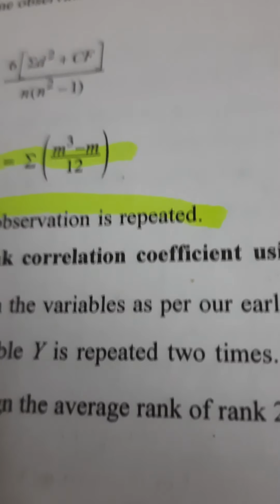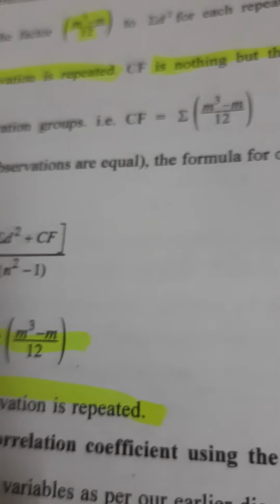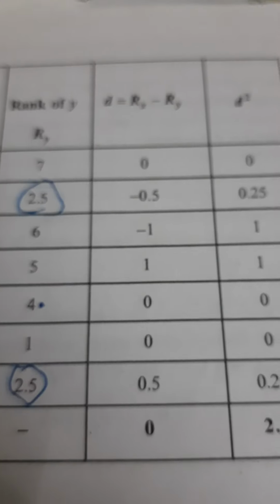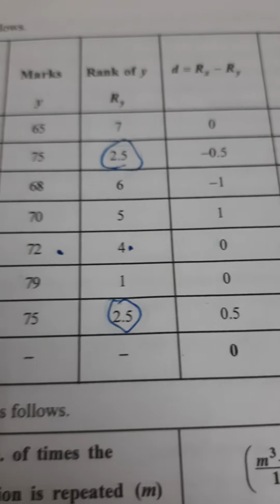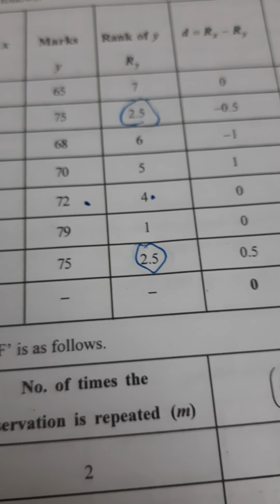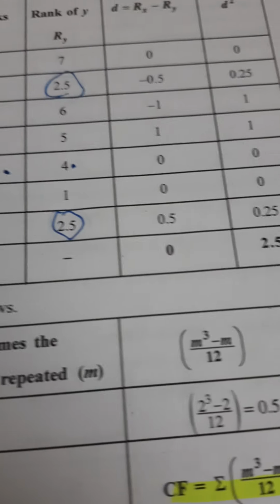Here, m means the number of times a particular value is repeated. In this particular case we have m as 2, because 75 is repeated, coming two times, so m equals 2.